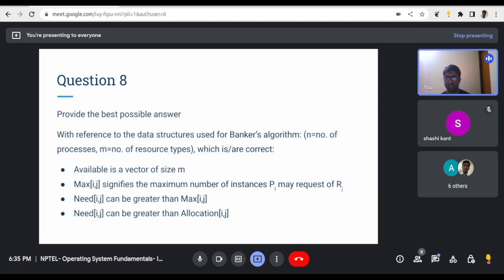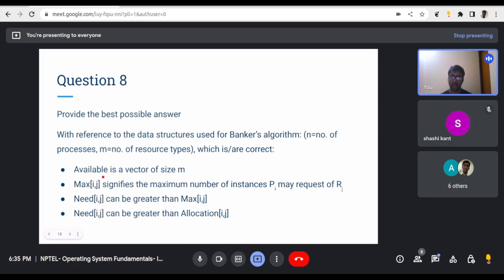So available signifies how many instances of the resources are available for use currently. So it is a vector of size M, right? Since there are M types of resources, and each resource can have some number of instances free, it is a vector of size M. What does max signify?